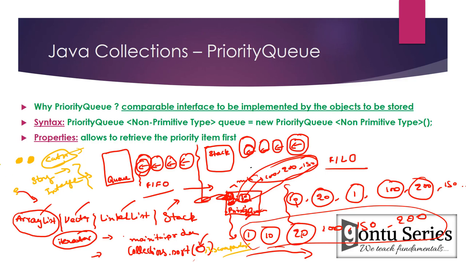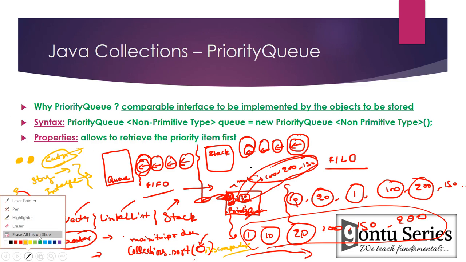But for other non-primitive types like String, Integer, Long, or any other type, you are not required to bother, because the JDK has already implemented the Comparable interface in those classes. The JDK uses it to compare objects and sort them in ascending order.